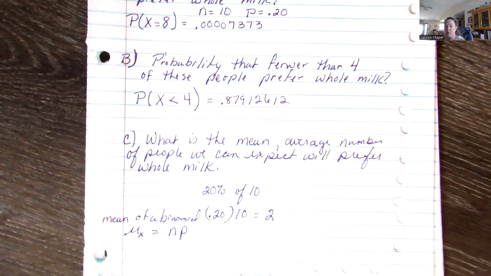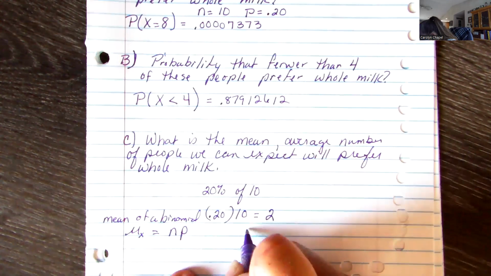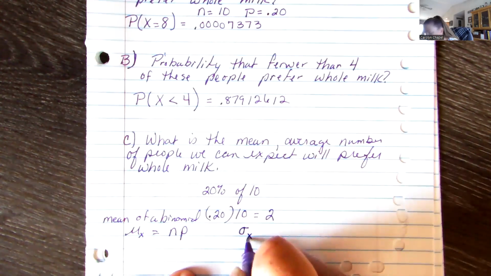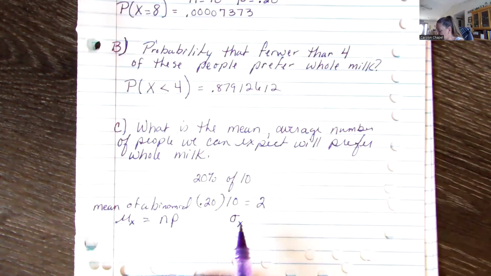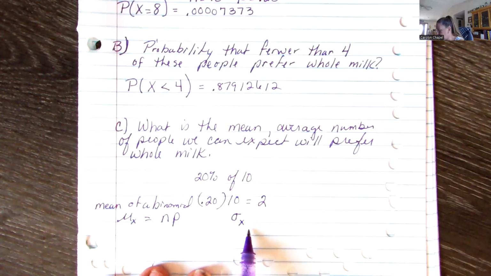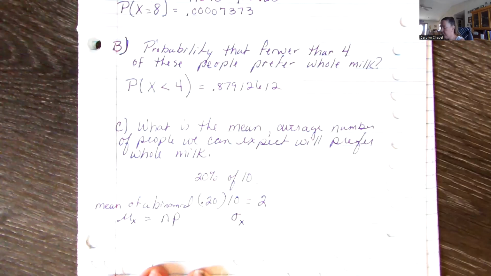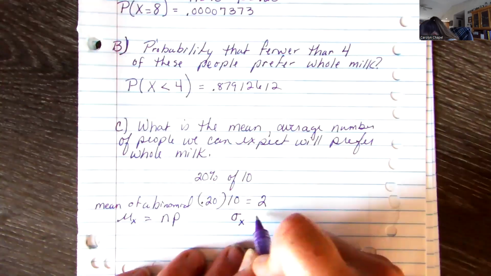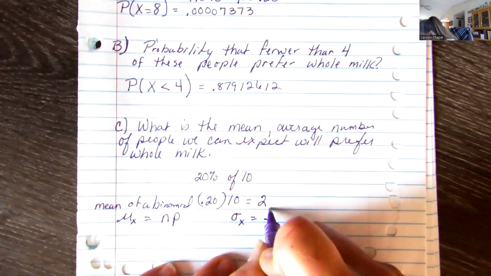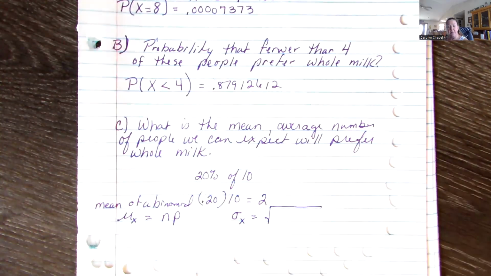It also turns out that our formulas for the standard deviation and the variance are also quite easy. I'm just going to put the standard deviation here. So our symbol for the standard deviation is that sigma. I'm going to again put the X down here just to refer to this X that we're talking about in this problem. It does have a square root symbol in it, which shouldn't surprise you.